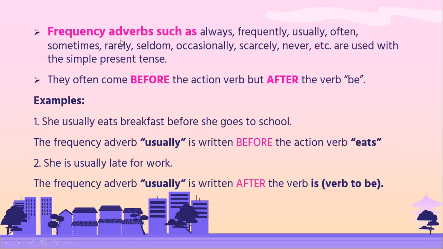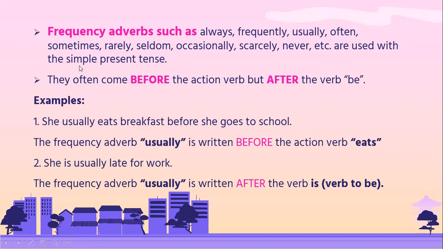Now, what are the frequency adverbs? The frequency adverbs are like always, frequently, usually, often, sometimes, rarely, seldom, occasionally, scarcely, never, etc. All of these are examples of frequency adverbs.